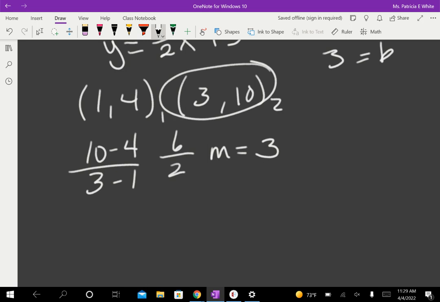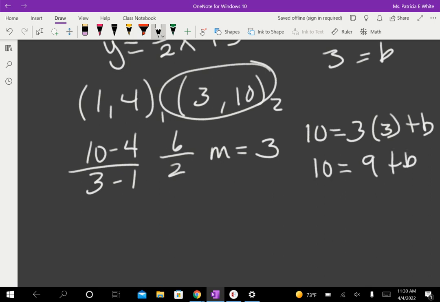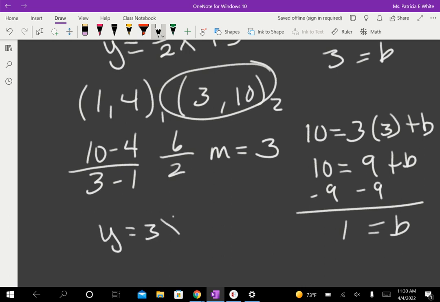So 10 is my y. So I'm going to write 10 equals 3 times 3 plus b. What do I get for 3 times 3, guys? So 10 equals 9 plus b. Minus 9 and b equals 1. And again, if this had come out to be a negative 1, I'd be writing 3x minus 1.